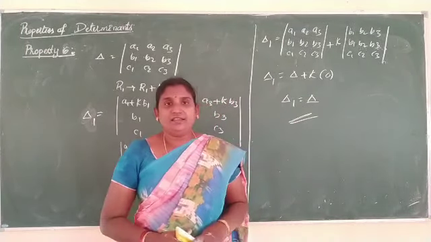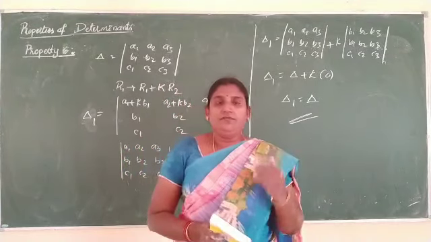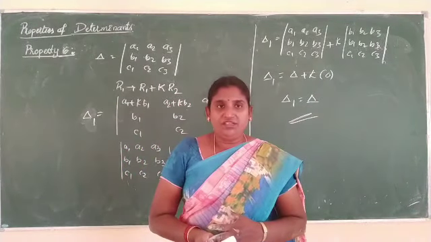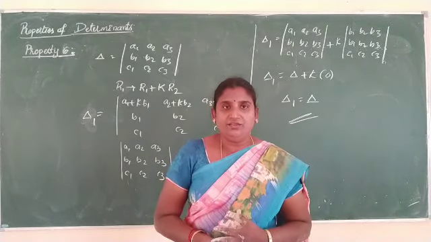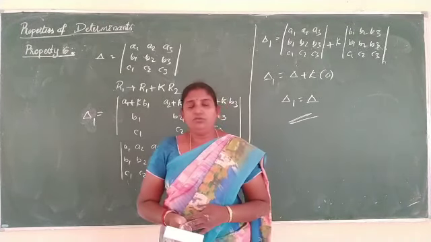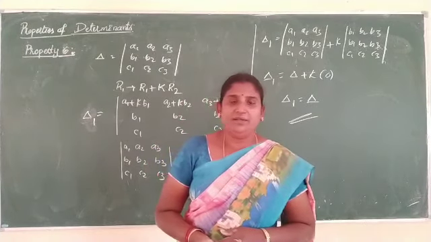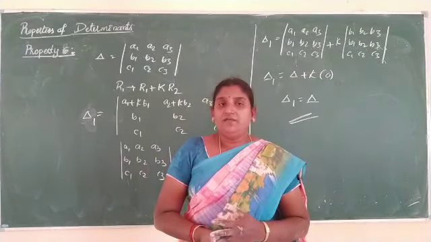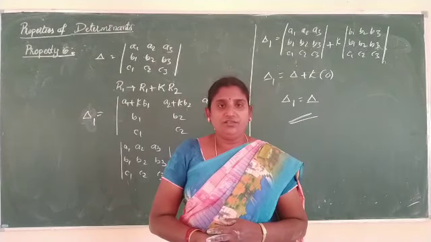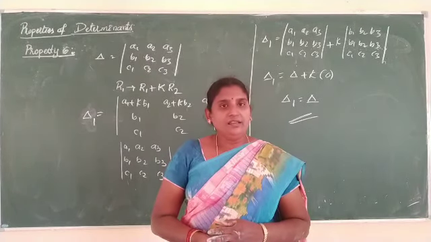So in property number 6, the value of the determinant cannot be changed if we apply the operations Ri goes to Ri plus K into Rj and Ci goes to Ci plus K into Cj. So these are our 6 properties. Based on these properties, we are going to solve exercise 4.2 in the next class.